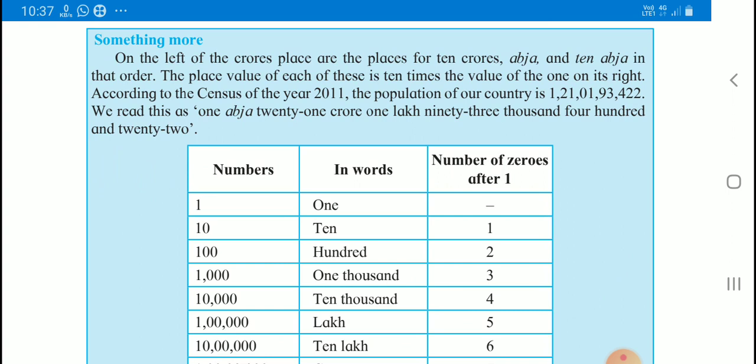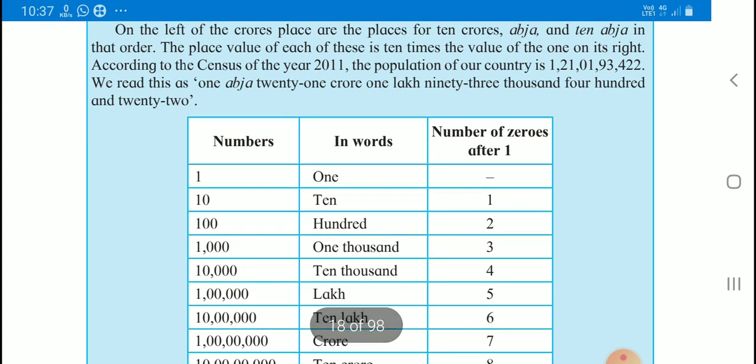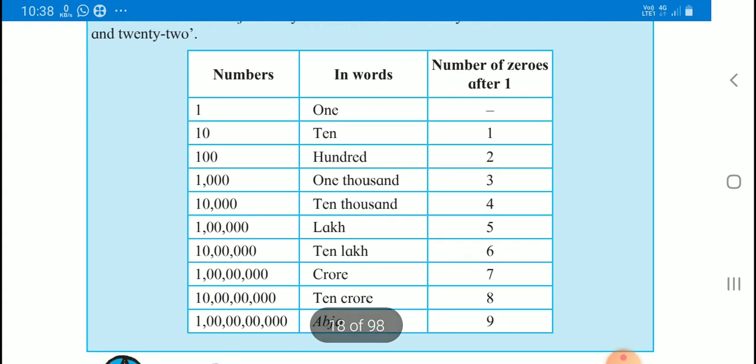According to the census of the year 2011, the population of our country is 1 abja 21 crore 1 lakh 93,422.